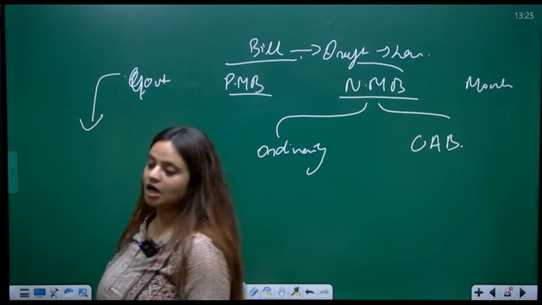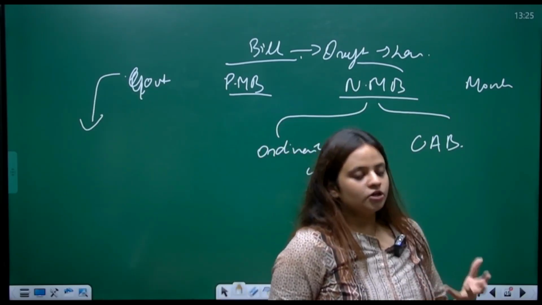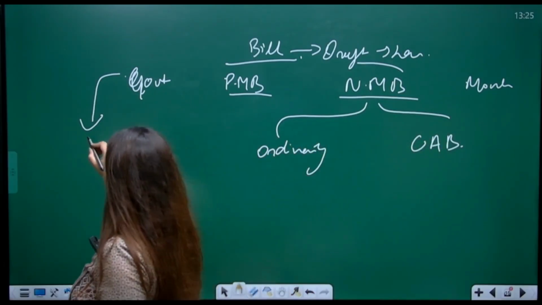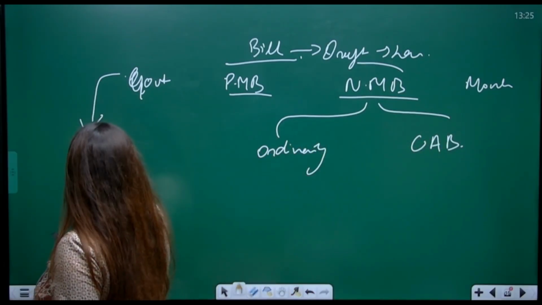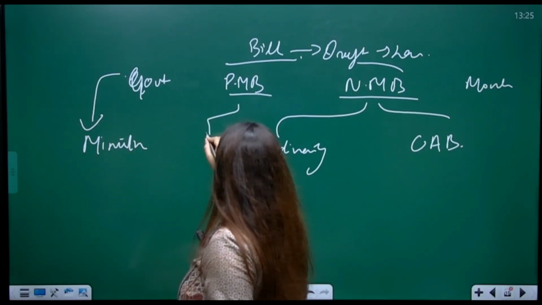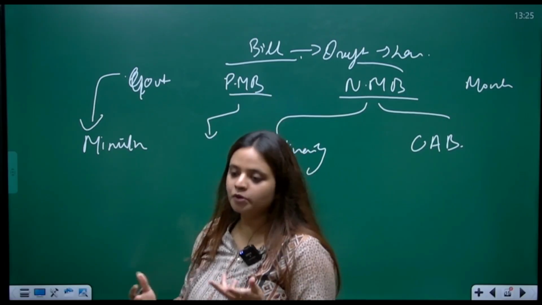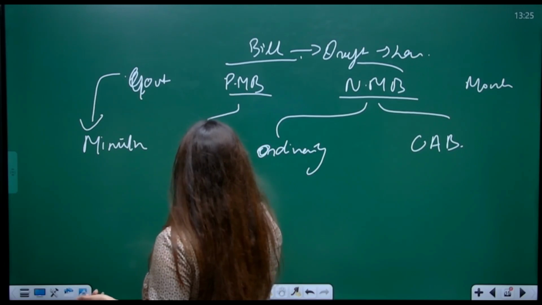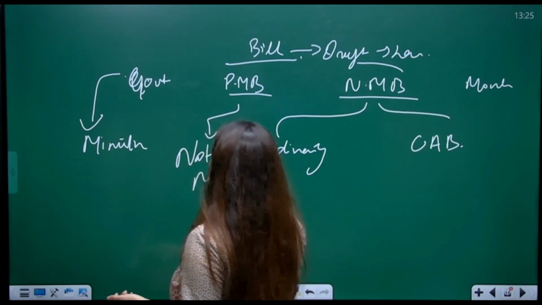So what are government bills? Government bills are those bills which are proposed by a minister of the government. A private member's bill is introduced by a member of parliament who is not a minister, but is a member of the parliament.